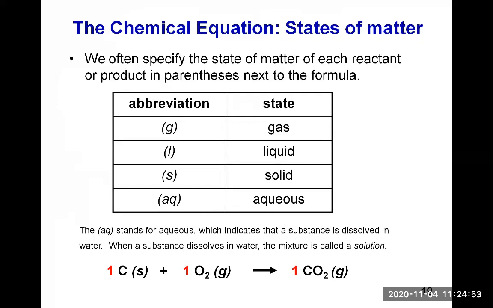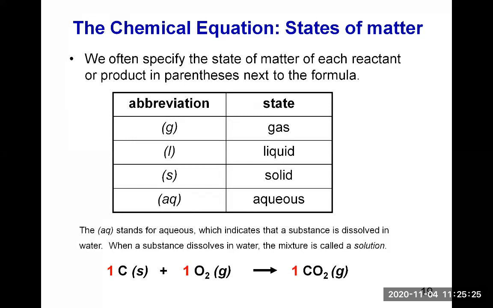The AQ stands for aqueous, which indicates that a substance is dissolved in water. An aqueous solution is a solution where you have water as the solvent and other substances dissolved in it. When a substance dissolves in water, we call the mixture a solution. So aqueous solutions are made of water as the solvent, with substances dissolved in them.